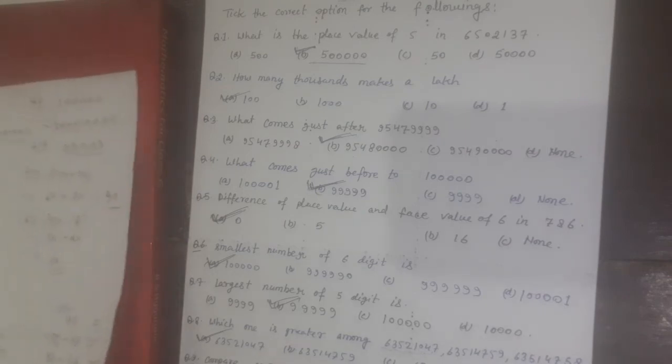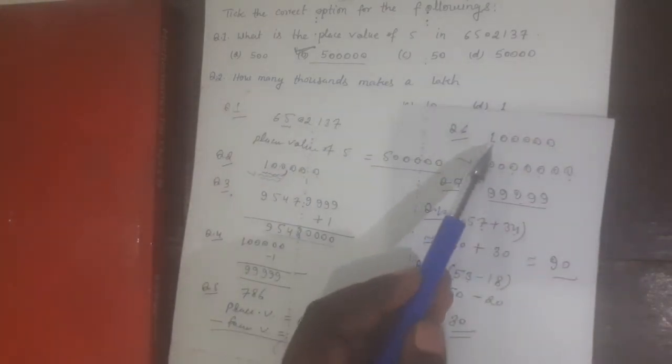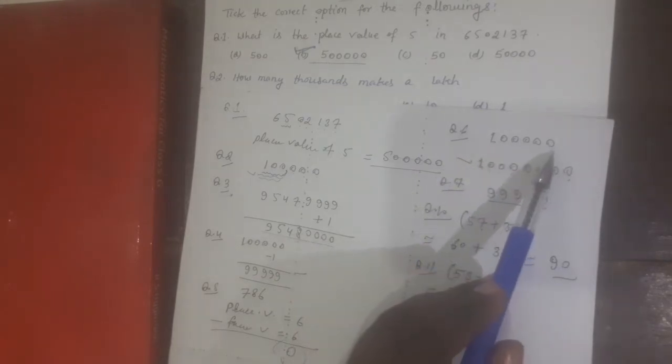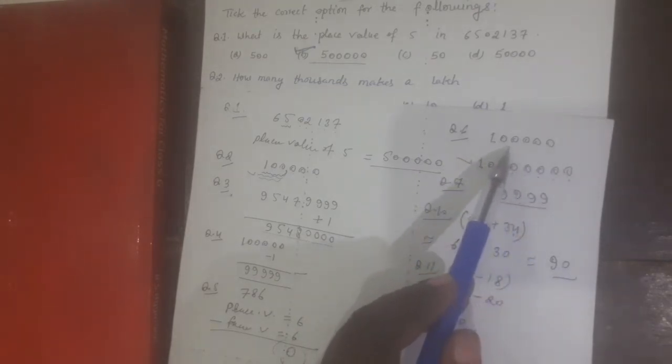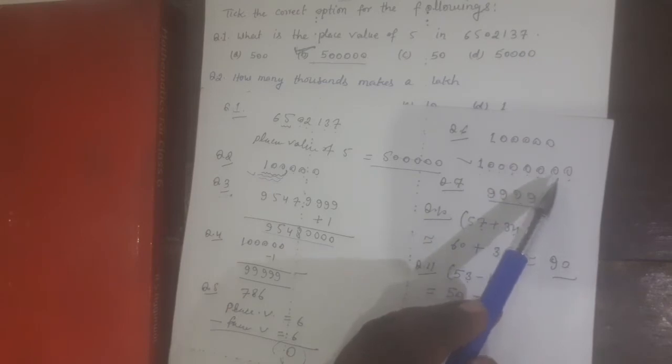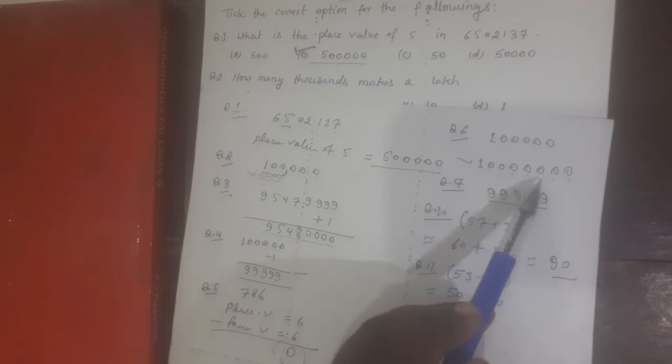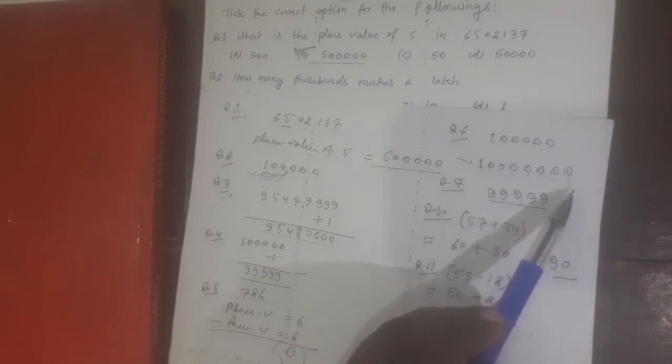If you have to write the smallest number of 6 digit, then you will place 1, and you will complete the rest of the digits by putting 0. And if you have to find the smallest number of 8 digit, then you have to take the 1 and you will complete the number of digits by putting 0.